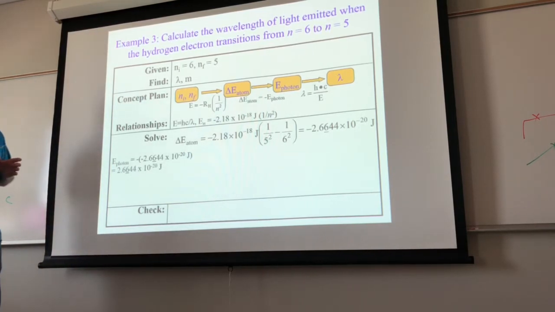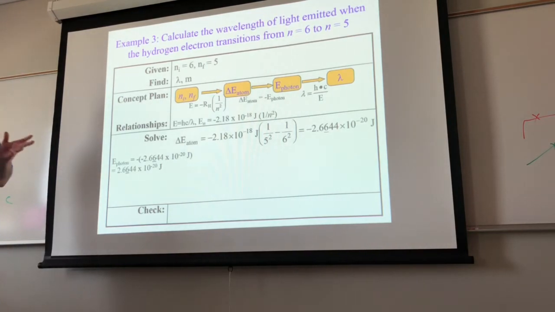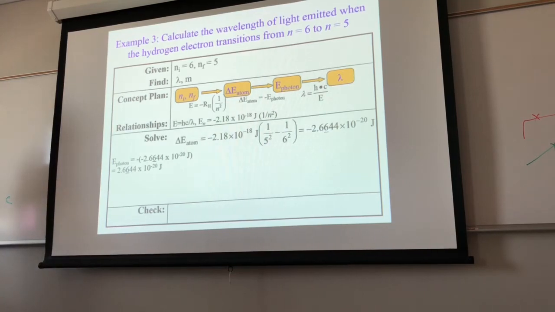This is kind of like when you're looking at the system versus the surroundings, like what we were doing with the calorimetry question. You need to take the negative of that energy value because you're not going to get a negative wavelength. That doesn't make any sense. So whatever number you end up calculating for the energy that's released, take the absolute value of that number before you move on to the next step. That's a good way to think about it.